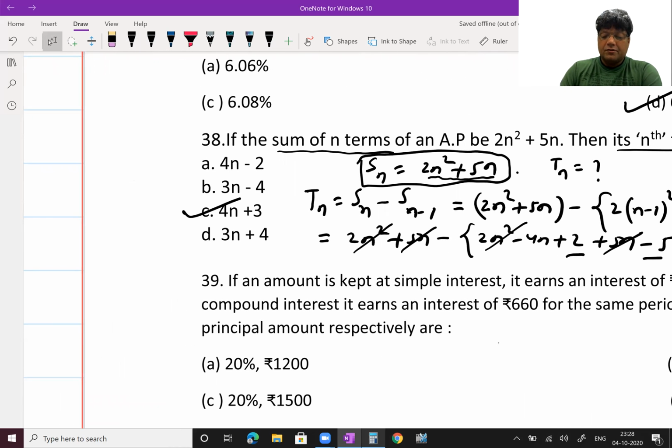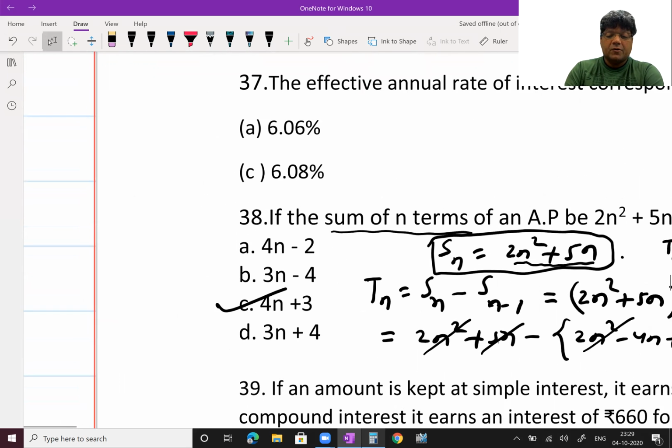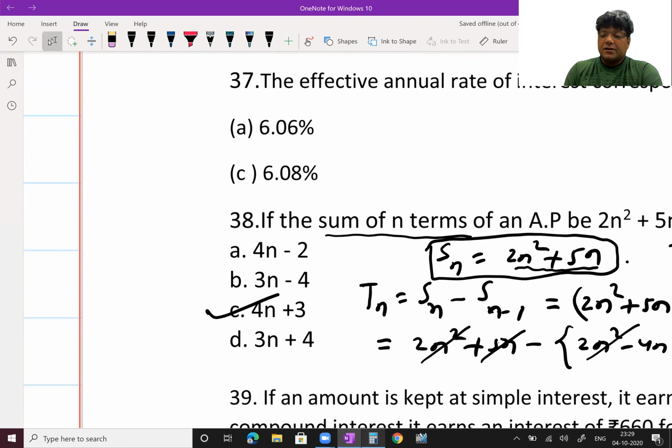Now, if you want to check how you can do by option hitting, look here. If I put n is equal to 1 on both the sides, I will get S1. S1 is equal to 2 into 1 square plus 5 into 1, that is 7. S1 means what? T1.